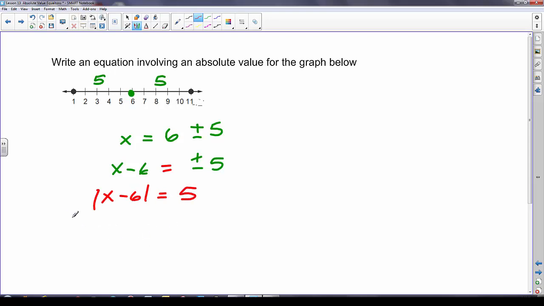And if you go through and solve that, you'll get the answers of 1 and 11. So find that midpoint. Here's your midpoint, if you will. Here is the above and below, or equidistant from each side, and then take that number and subtract it over to the other side.